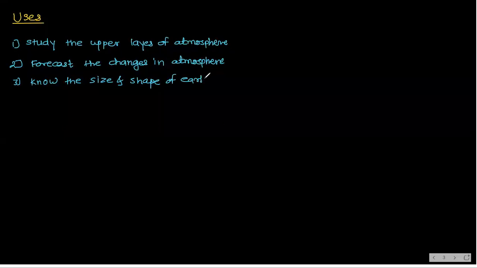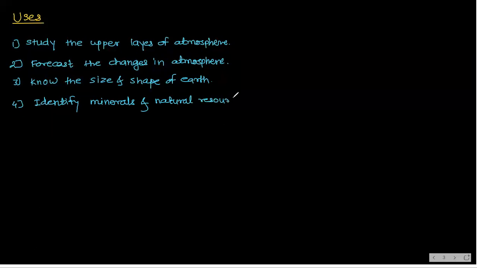Yes, good, है कि नहीं? नेक्स्ट देखो क्या है यूज? आइडेंटिफाई minerals and natural resources. हाँ, यस, आइडेंटिफाई मिनरल्स एंड नेचुरल रिसोर्सेस। Sir, by its certain level of electromagnetic radiation, it helps in detecting the places where most of the earthquakes occur.